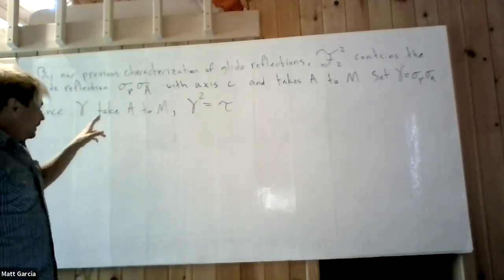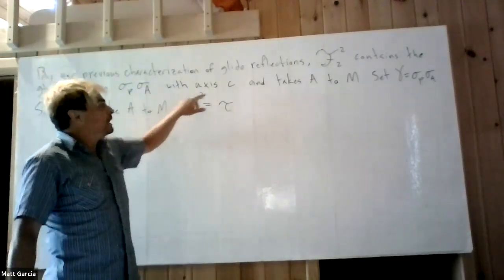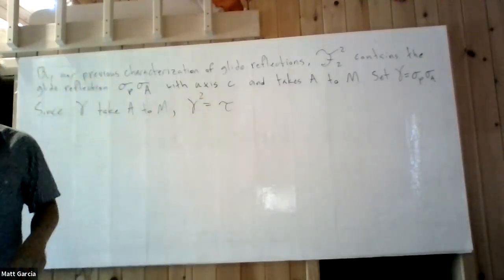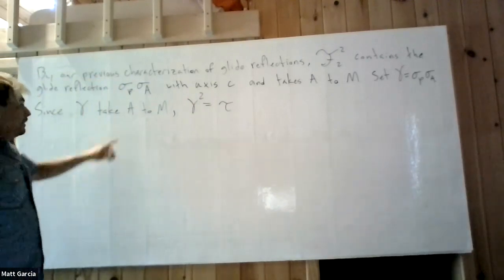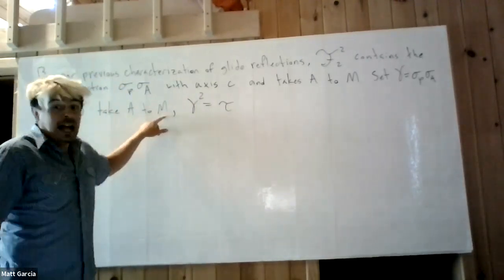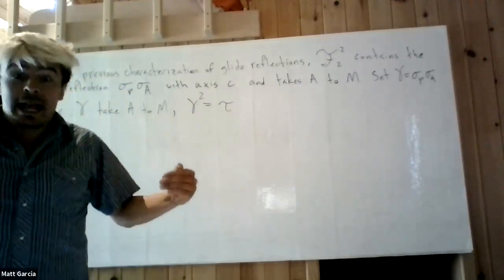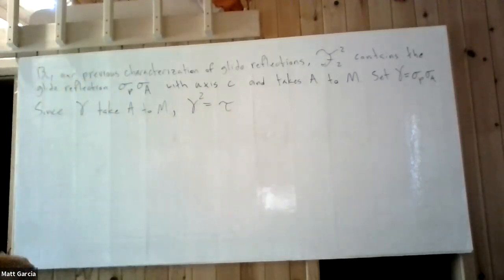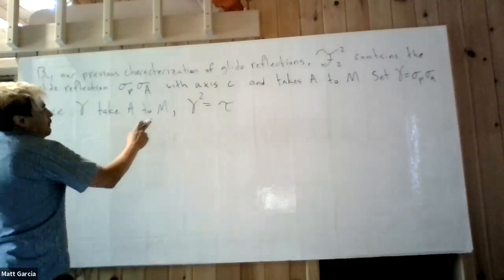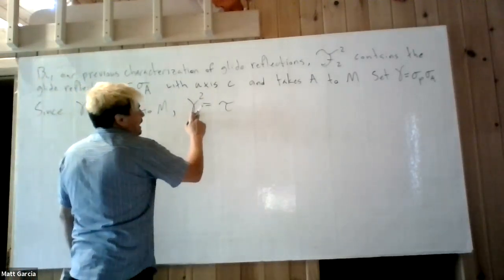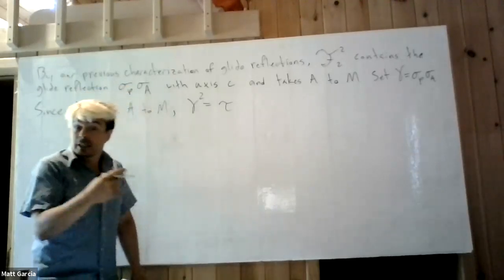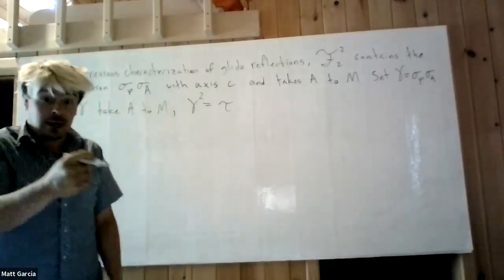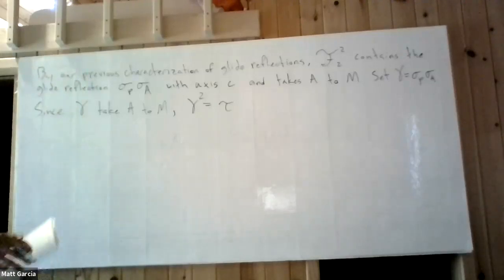Because since A and M lie on the axis of our glide reflection gamma, and the distance from A to M is half the distance from A to A1, we know that when we apply gamma twice, we're just shifting by whatever tau did. Because remember, tau takes A to A1. Okay?